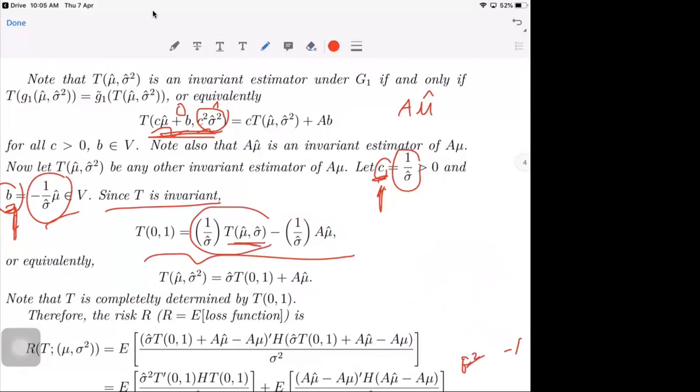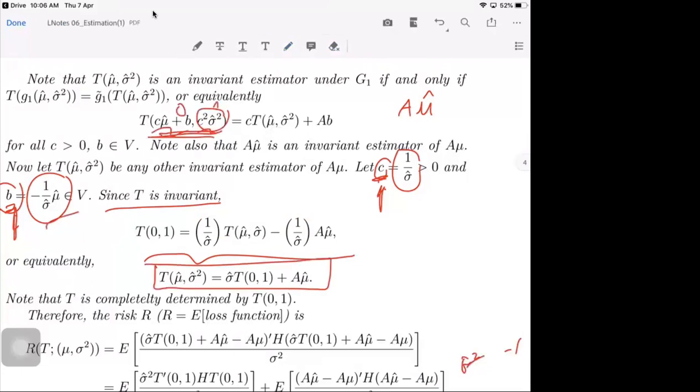you isolate this. The LCD of these two, so you multiply by sigma hat, and then move it as plus A mu. So it just follows. So, an equivalent version of your T of mu hat, sigma hat square is sigma hat T of 0, 1 and A mu hat.